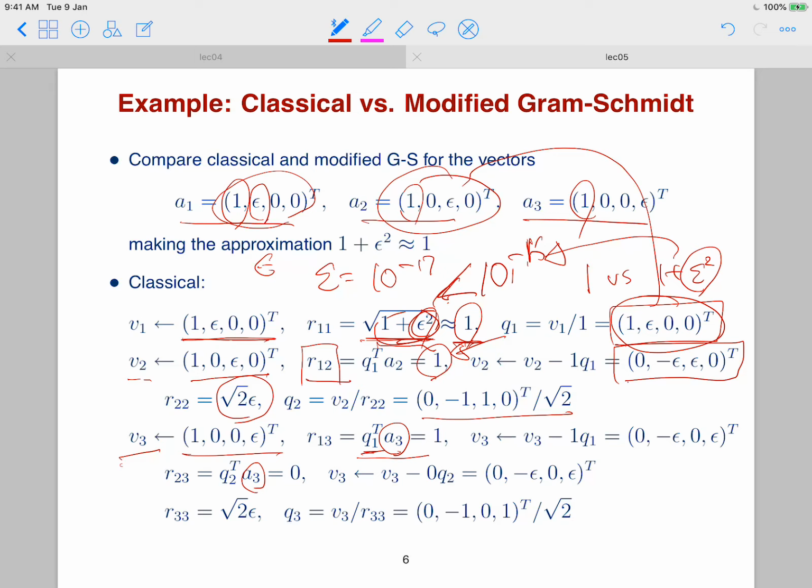Okay, so in this case, from the original vector V3, once we subtract this guy, we obtain this, and then here Q2 transpose times A3 is equal to 0, right? And so we obtain this. And then the final result is computed in this form.